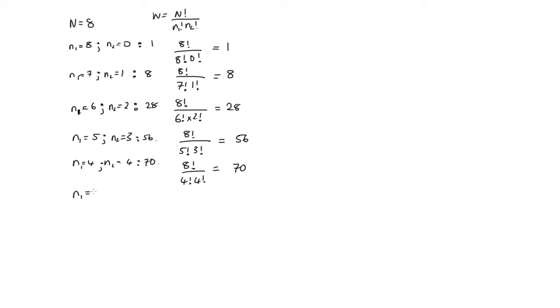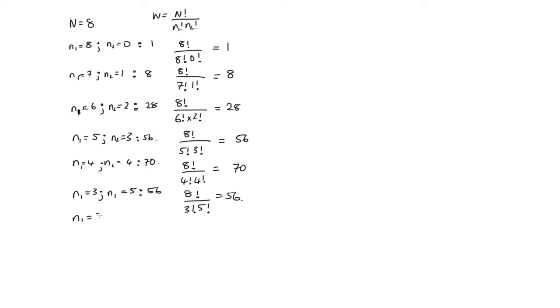So we've got n1 is equal to 3, n2 is equal to 5. And so that'll be 56 again, because you can see why it works in reverse. If we were to calculate this, it would be 8 factorial divided by 3 factorial times 5 factorial, and the order of multiplication down here doesn't matter. So we end up with the same answer.